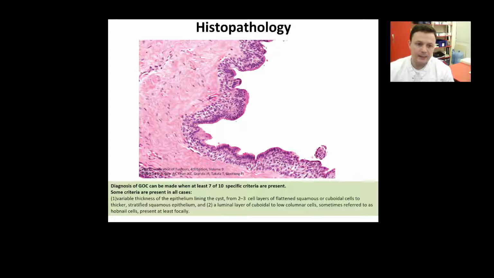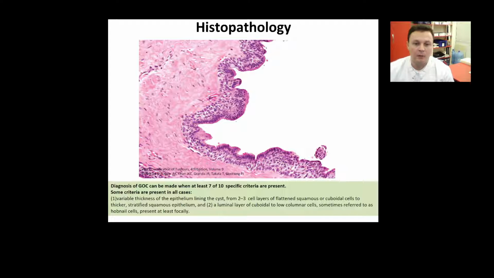Histopathology. Statistical analysis has shown that a confident diagnosis of GOC can be made when at least 7 of 10 specific criteria are present. Some criteria are present in all cases.